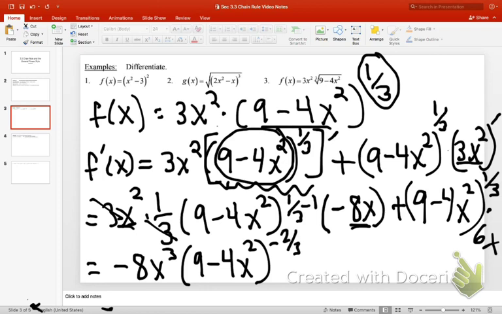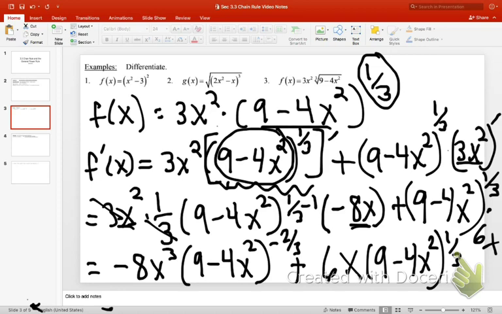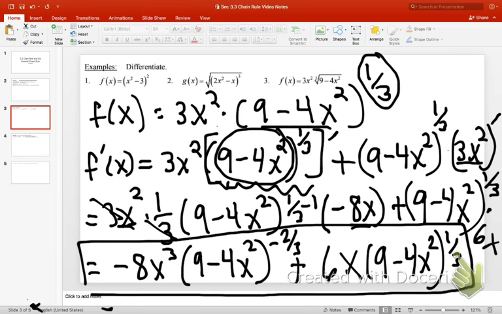So that's this first piece, plus 6x times (9 minus 4x squared) to the 1/3. There's more algebraic simplification that can be done on that one, but it's not necessary. We can just leave that as our derivative. All right, moving on.